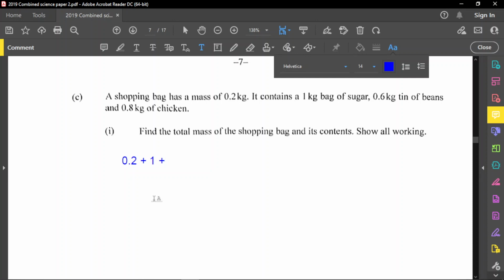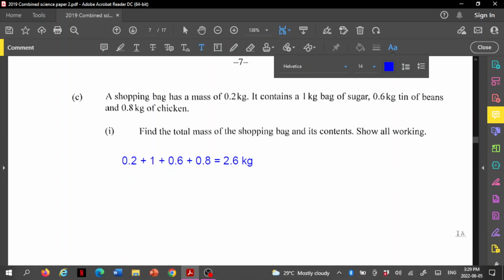Plus we have 0.6 kg of tin of beans, plus 0.8 kg of chicken. Once I plug this into the calculator and add up all of those, what you should get is 2.6 kg, the bag plus its contents.